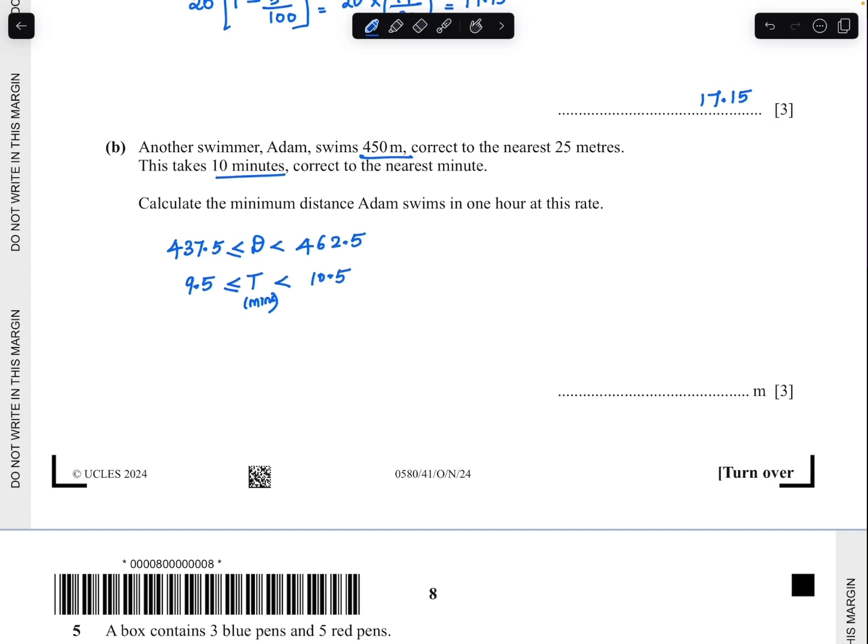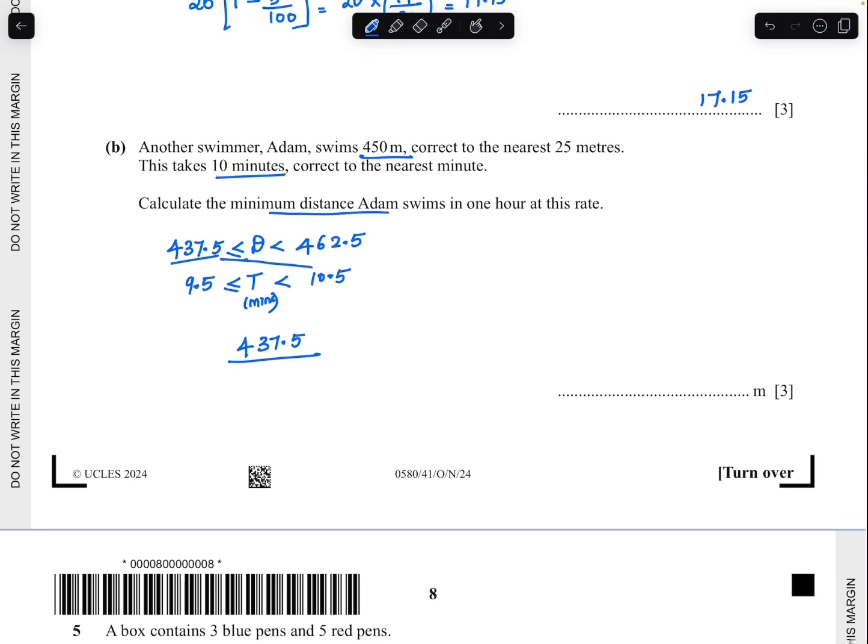So to get it in hours, we have to divide the time by 60. Now calculate the minimum distance Adam swims, which is the minimum: 437.5 divided by time.